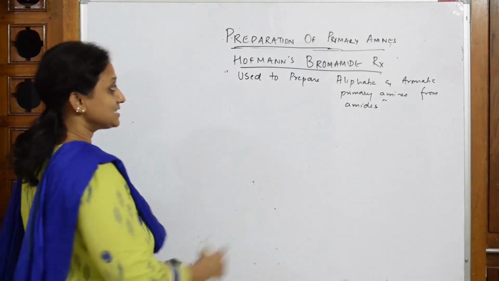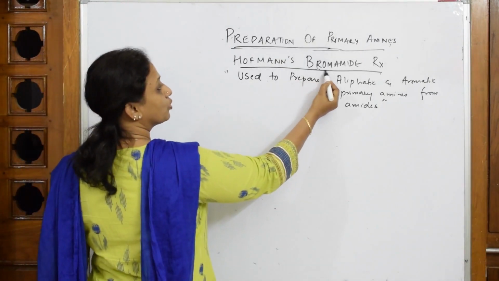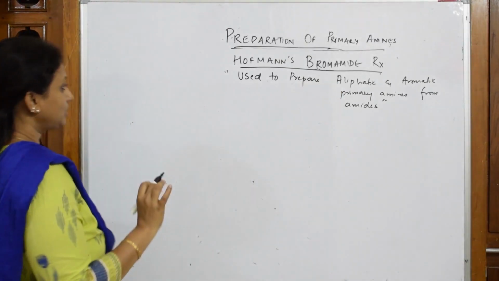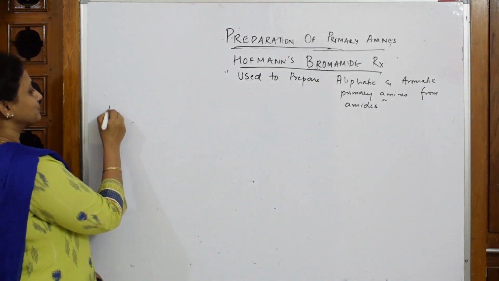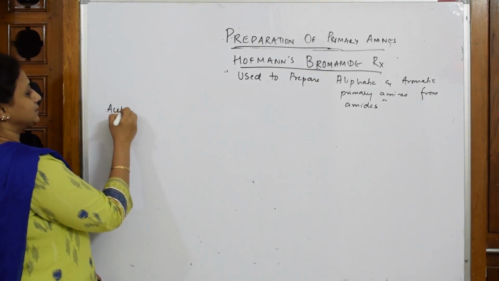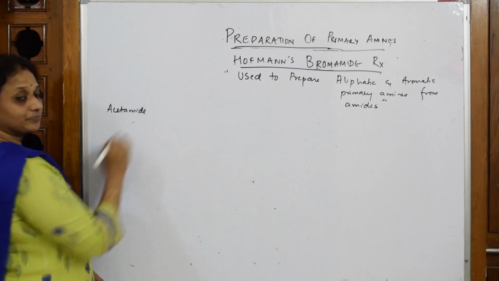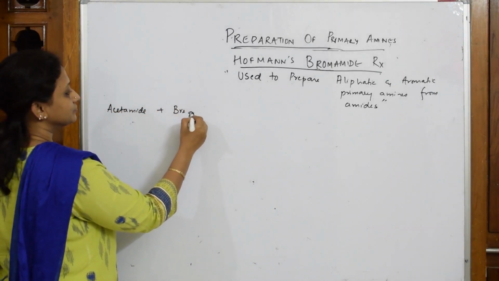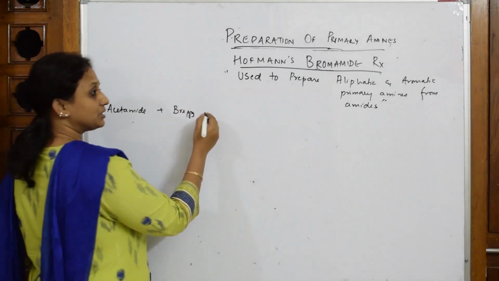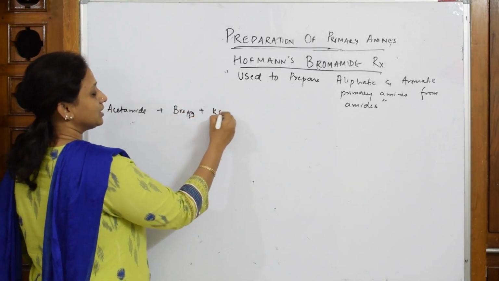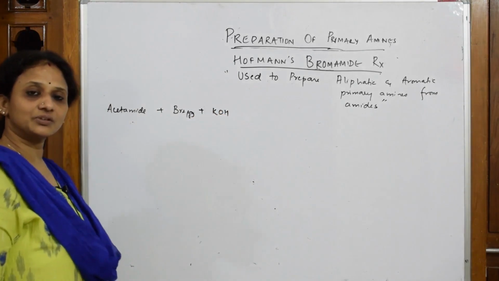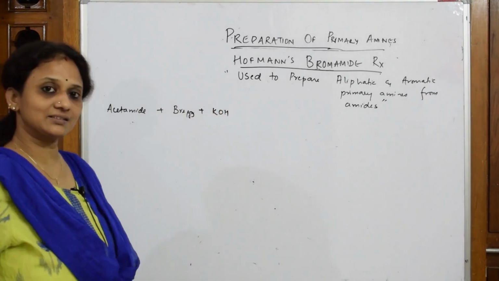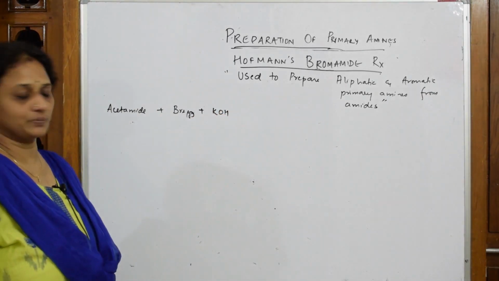What is that? As the name suggests, bromide. Simple. Now what are you going to do? First take an acetamide. To this acetamide, you're going to introduce bromine gas. We are going to carry this reaction in the presence of a strong base.